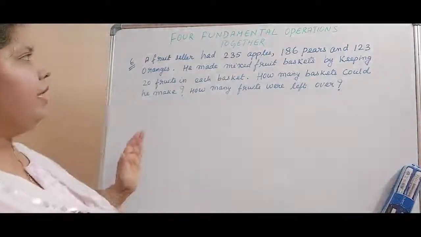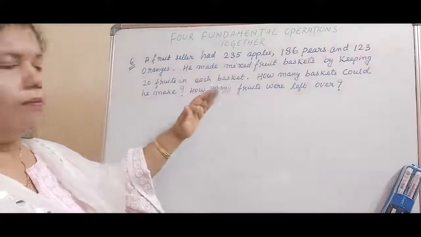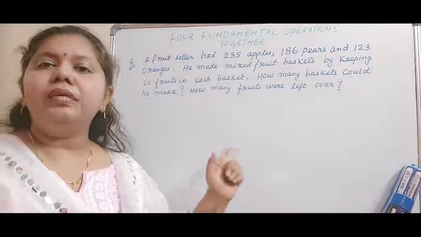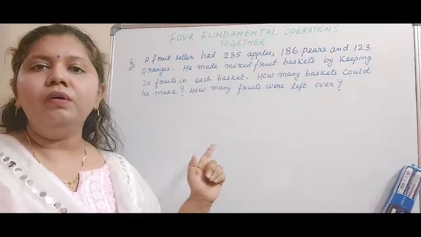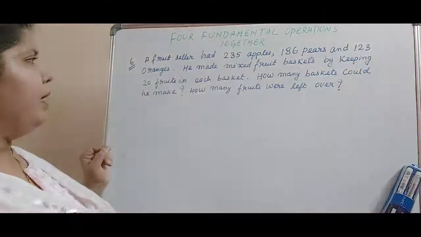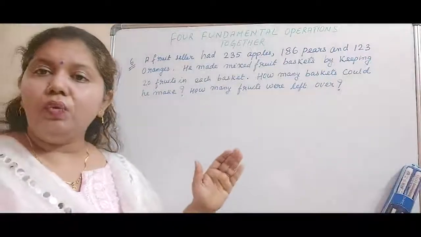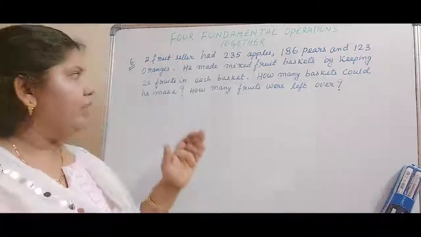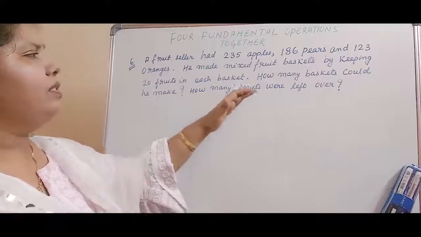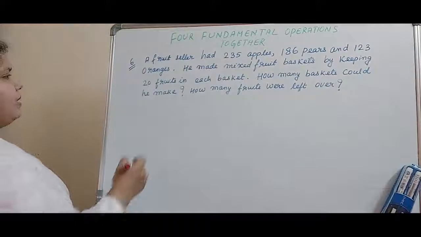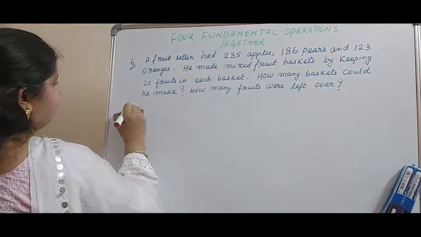So if we divide the sum of all the fruits by 20, then we can find out how many baskets we have used for keeping the fruits. The remaining is the remaining number of fruits that is left out as remainder. So that will be the number of fruits that is left over. Okay. So let us first find out the sum of all the fruits.